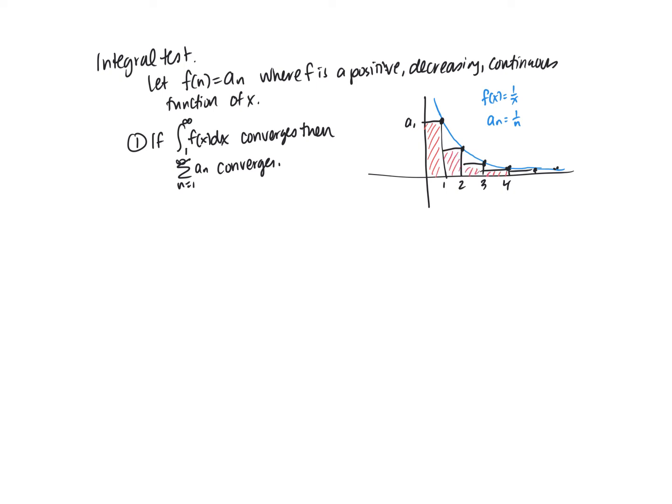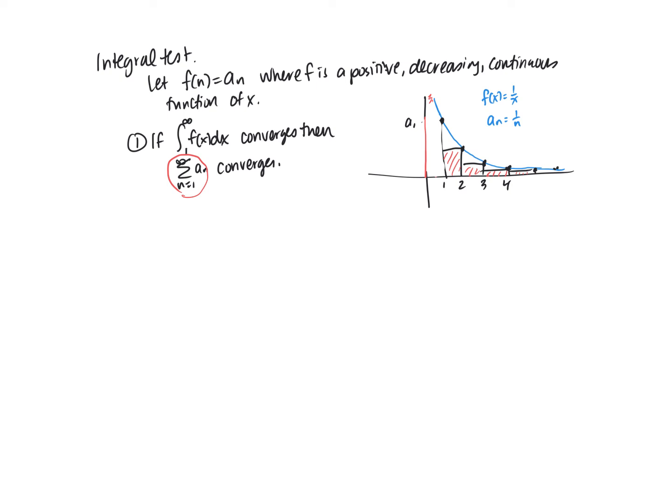This is why it wants us to start at 1, because the area under the curve in this direction is going to be infinite. But say we leave off the first term and just start at 1. The tail end of this series is going to be made up of these rectangles that lie beneath the curve f of x.